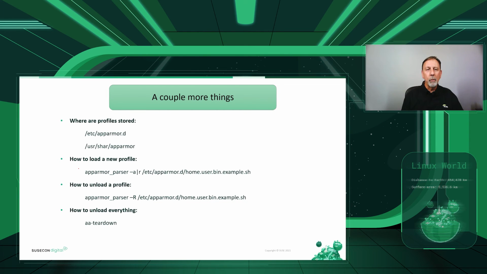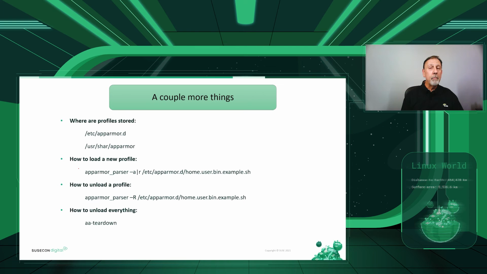But a couple more things I wanted to bring up. First, the AppArmor profiles are stored in /etc/apparmor.d, at least on my SUSE Linux Enterprise Server systems. There may be other directories for other distributions, so I would recommend taking a look under /usr/share/apparmor. Maybe they would be underneath there.